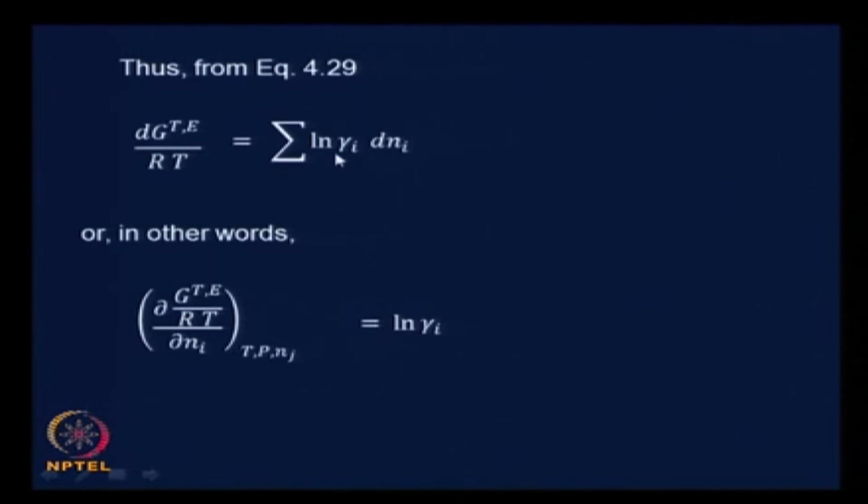It is easy to see, this is ln gamma 1 dn1 plus ln gamma 2 dn2 and so on and so forth. Suppose we take this with respect to n2, dou GTE by RT dou n2 at T, P and all other n's remaining constant, all other terms will drop out except the ln gamma 2 term. So that is what this one gives us, and this is equation 431.